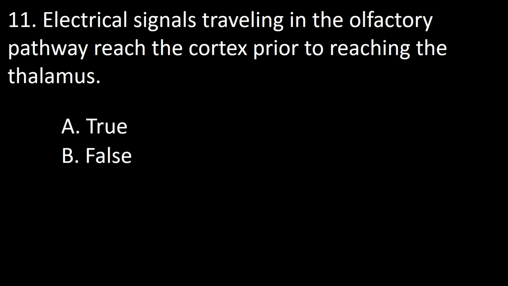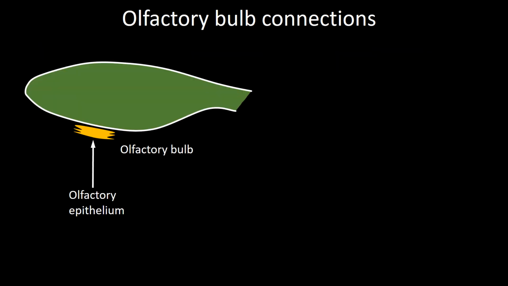Next question. Electrical signals traveling the olfactory pathway reach the cortex prior to reaching the thalamus. A true, B false. This structure represents the olfactory bulb and the olfactory epithelium. The ellipse just introduced represents the lateral olfactory tract.